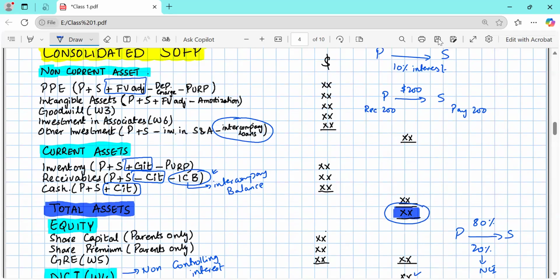It is not 800. Understand this: in the individual books it is 500, so you would have recorded that 500 in this portion, and then the extra 300 you have to add, that is fair value adjustment. Not the complete 800 here. Got this point? So this is fair value adjustment.